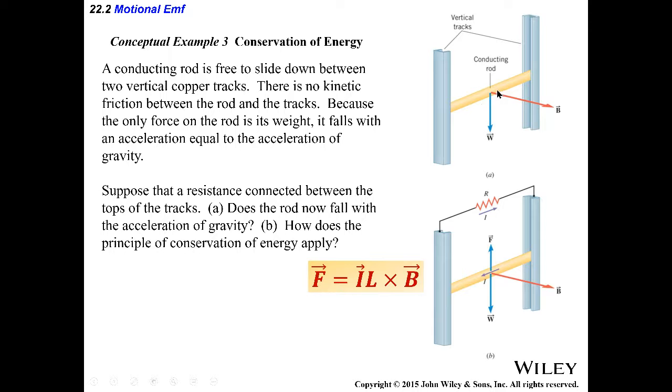All the charges here are now moving with velocity v downward, and v cross B, where B is out of the board.